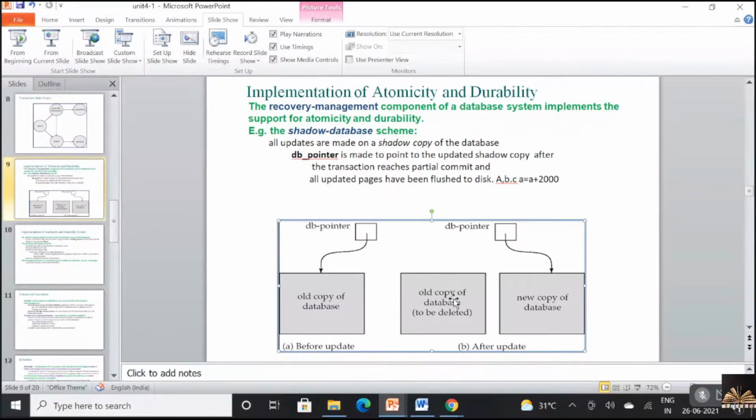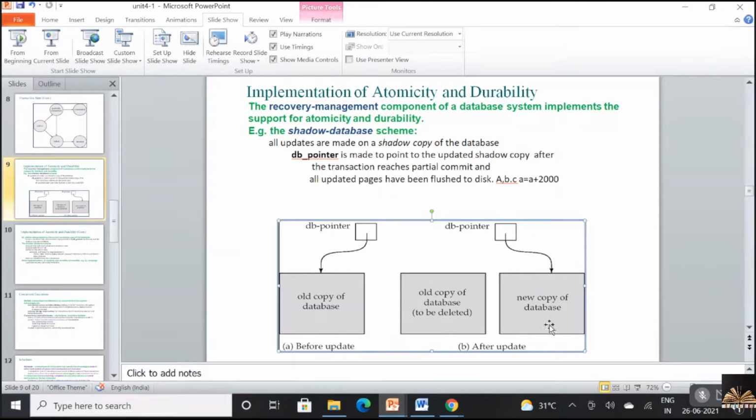Okay. And once I see that the transaction has been successfully executed, this would be the modified version of this particular database whose changes are being reflected over here.